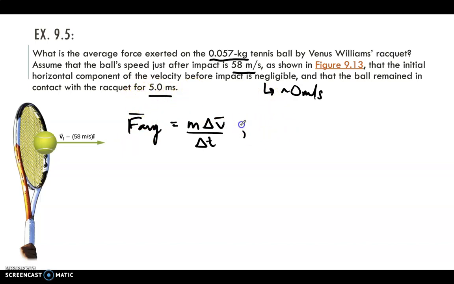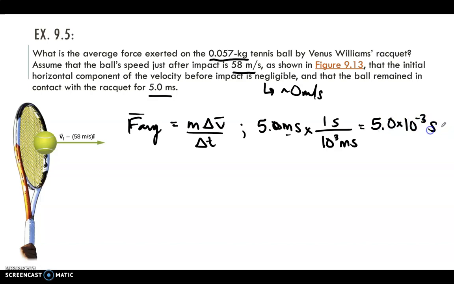So let's go ahead and put that into seconds. Milli means 10 to the third, so we will have 10 to the third milliseconds in 1 second. So that's our conversion, or we can say 5 times 10 to the negative 3 seconds.